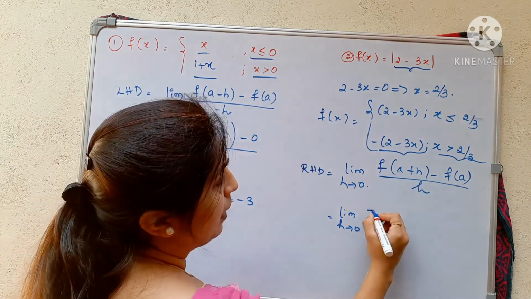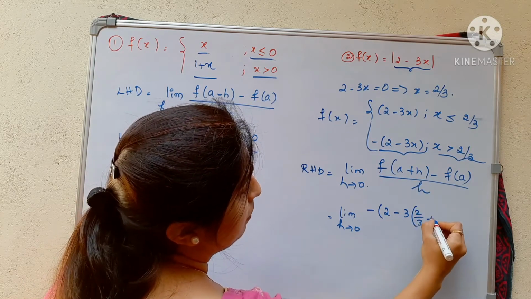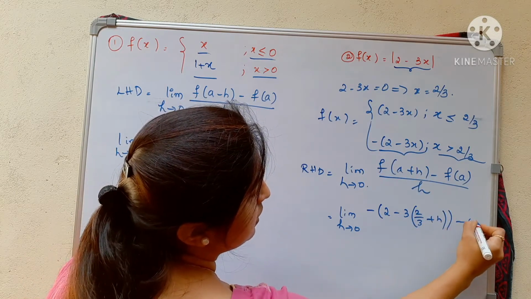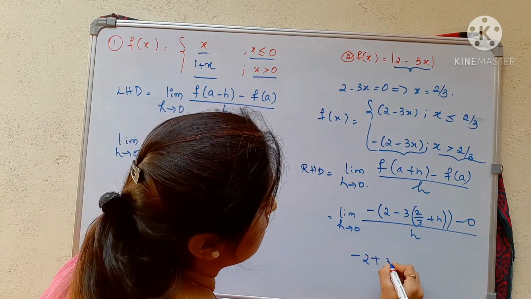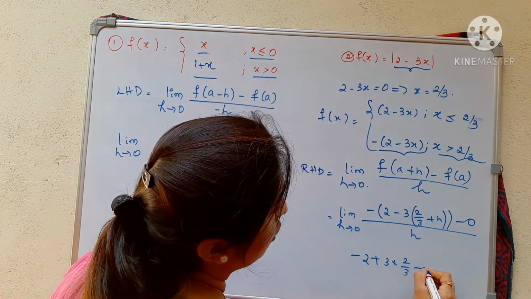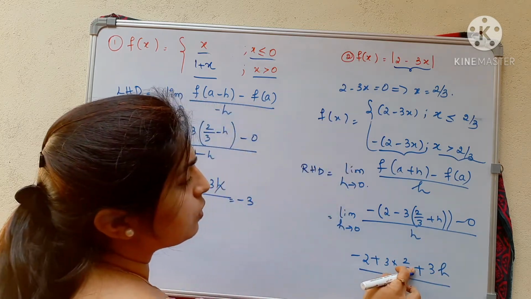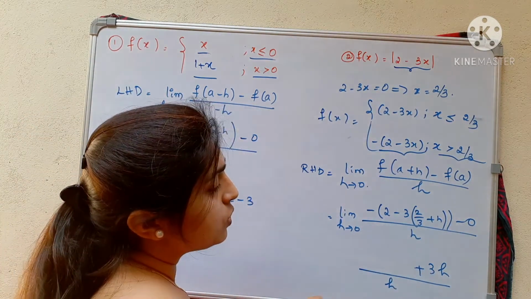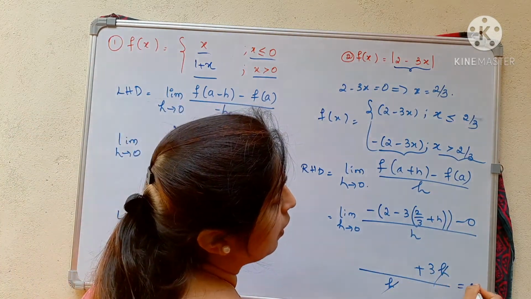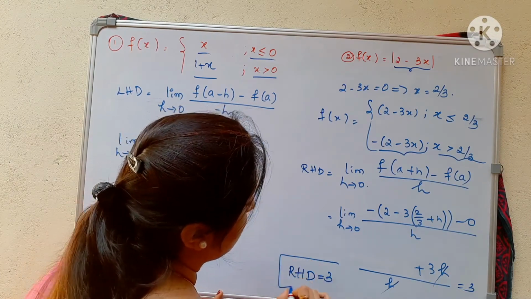So minus of 2 minus 3 times 2 by 3 plus h, minus 0, divided by h. Minus 2, then plus 3 into 2 by 3, then plus 3h, divided by h. This cancels, so 2 minus 2 is 0. So h cancels, you have 3.